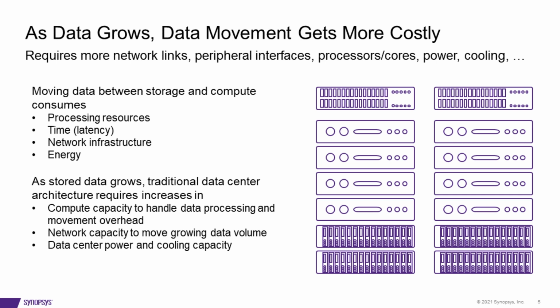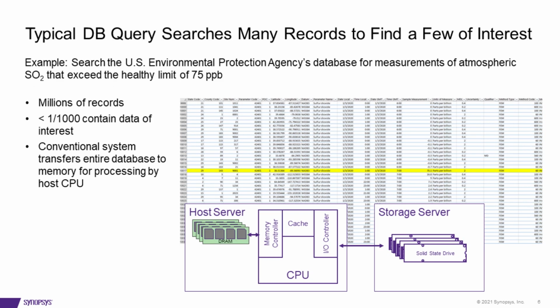So I'd like to take a look at a quick example of a database server or database solution, I guess, that can show us a little bit more about what this data growth looks like and what an efficiency improvement might look like in this particular application.